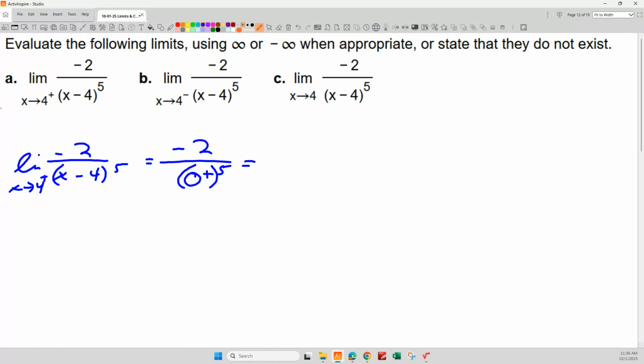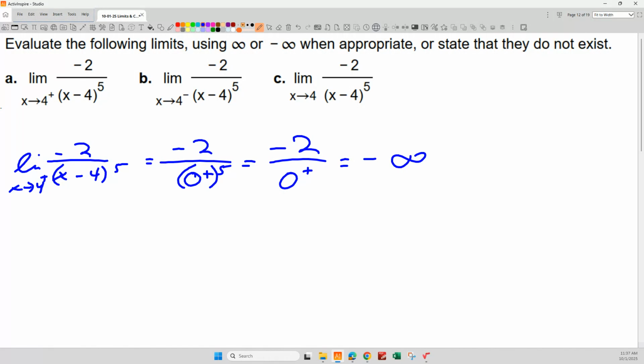What's that mean again? It's approaching 0, but it never gets to 0. It's still a vanishingly small positive number. And so negative 2 over 0 plus is what result? Negative infinity, right? Because I'm getting a 0 on the bottom and a non-zero number on the top.